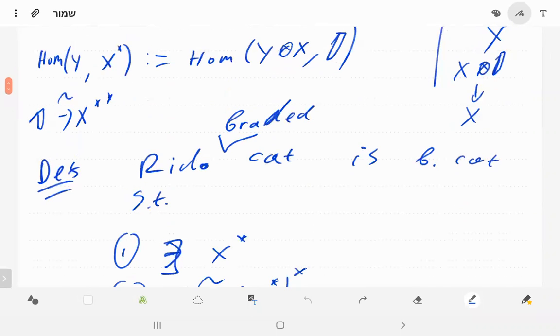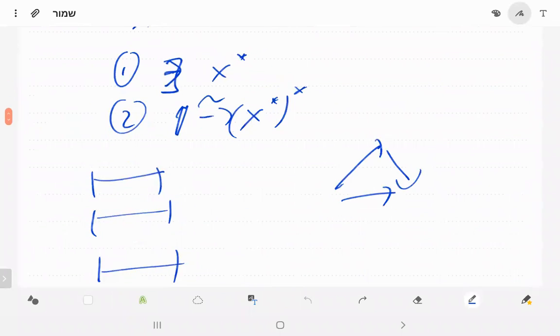Okay, so we can discuss braided rigid categories. And now begins the fun.